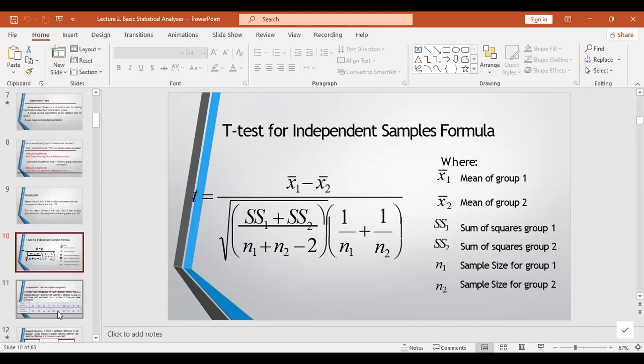Okay, so this is the formula. But don't worry because we're not going to solve it. It's just to show how to solve the t-test for independent samples.